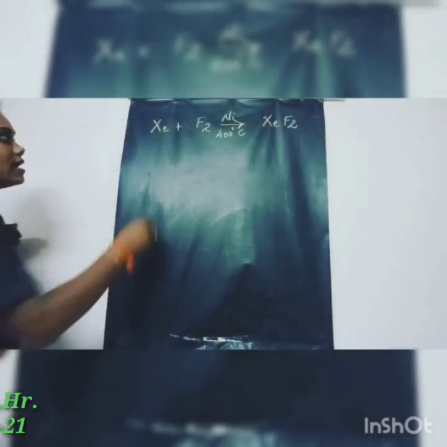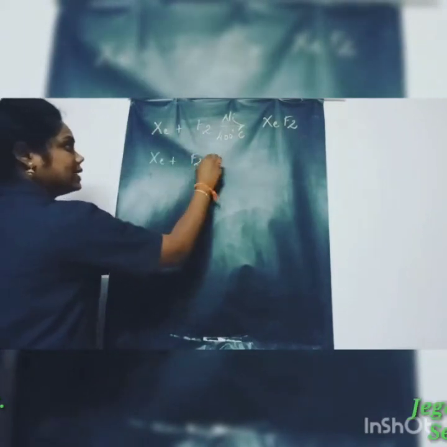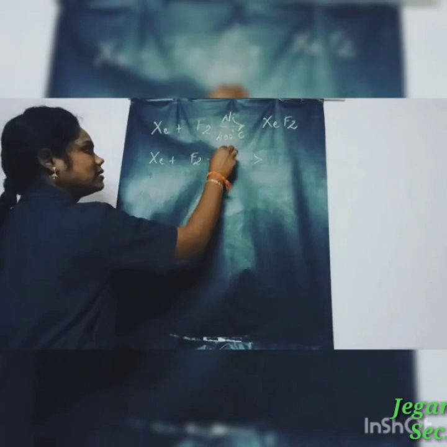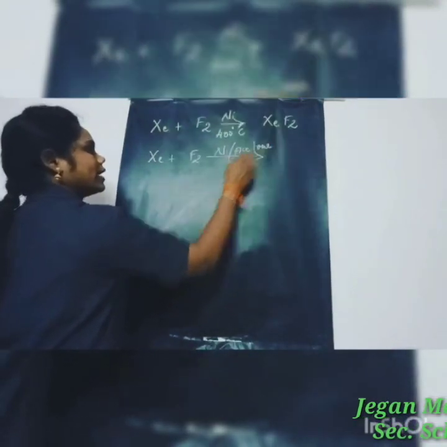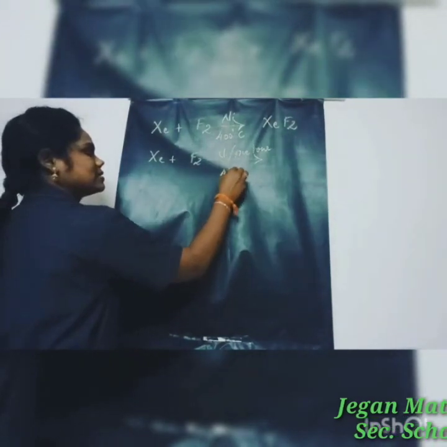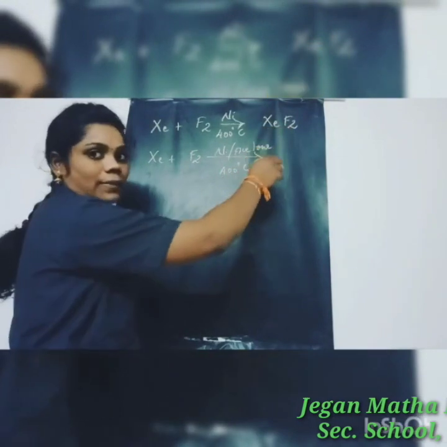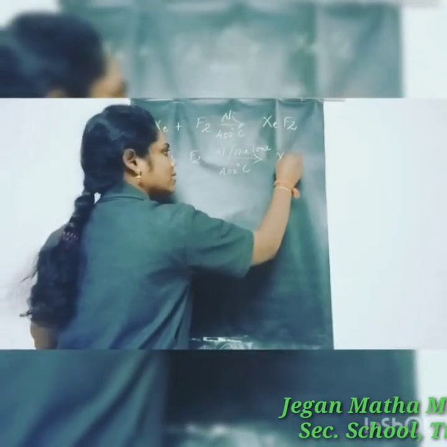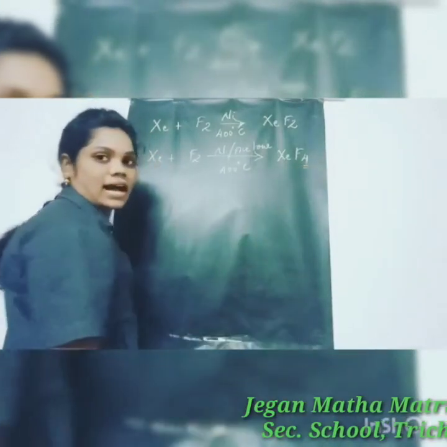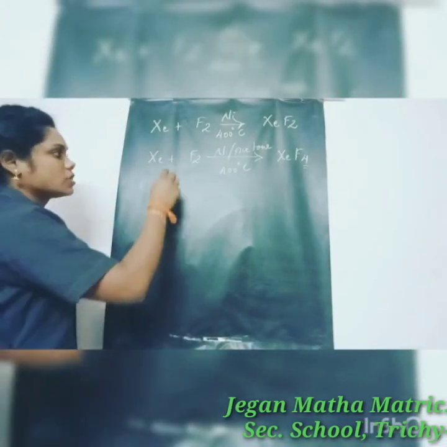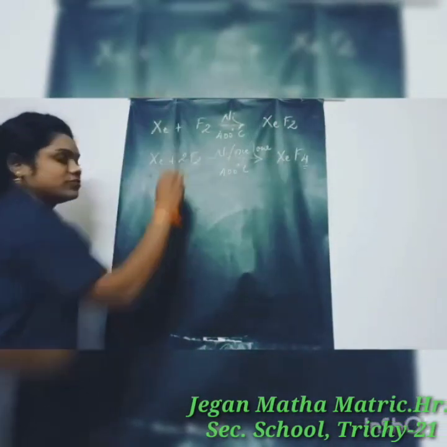And next one, xenon is reacted with fluorine in the presence of nickel. Here also 400 degrees Celsius, but here xenon tetrafluoride is formed. So 4 represents tetra, so tetrafluoride is formed. So here fluorine is 4 times, so here you take 2 times of fluorine.